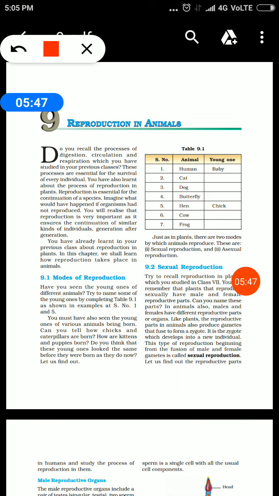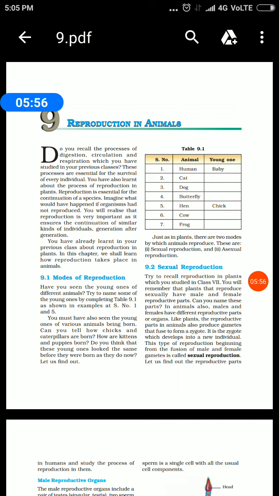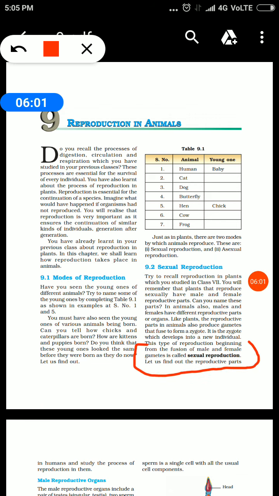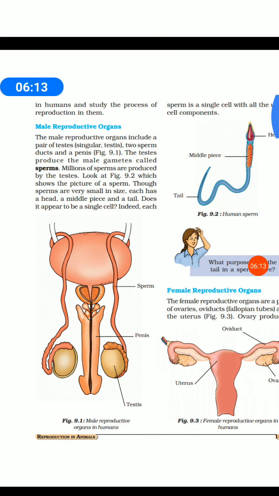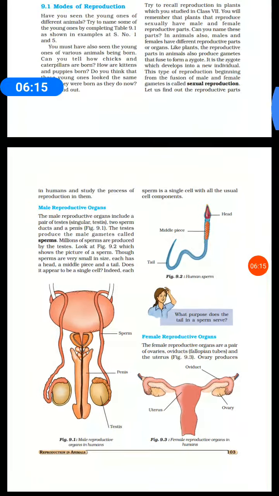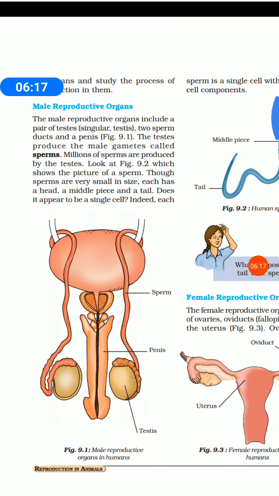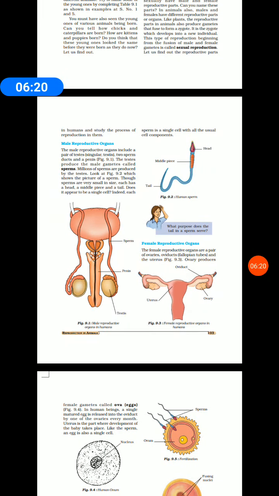Here this type of reproduction, beginning with the fusion of male and female gamete, is called sexual reproduction. So you can simply say that the definition is that fusion of male and female gamete is called sexual reproduction.